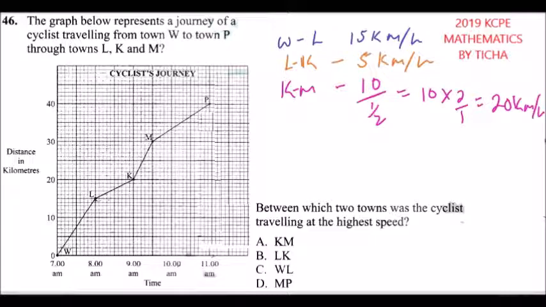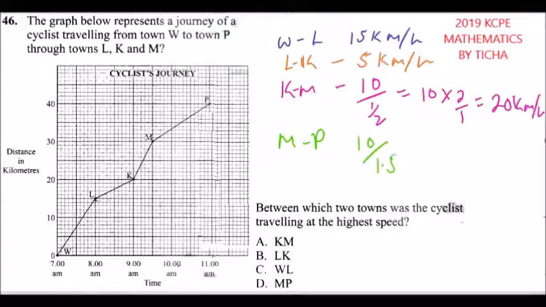And the last part, that is M to P, from 9:30 to 11. That is 1.5 hours. He was only able to cover 10 kilometers. So you can divide 10 by 1.5.